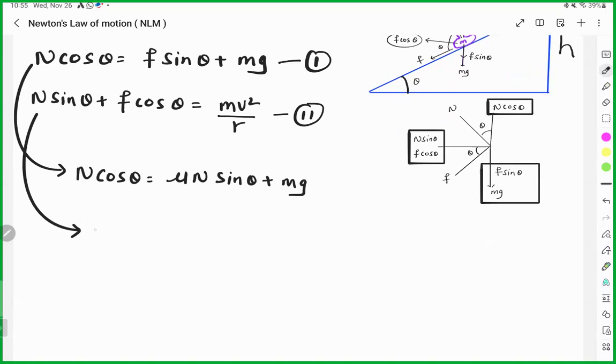And in the second equation, n sin theta plus, instead of f, I'm writing nu n cos theta, is equal to mv square by r, right?